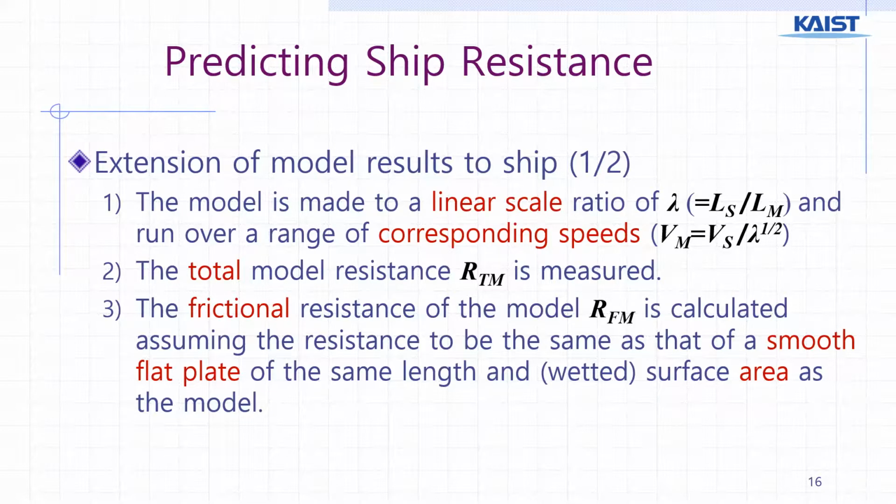So the model in this building is about, say, how long is it? 10 meters or less, so 8-something meters, or 10 meters. Then with 20 times the scale, the real ship can be 200 meters. Right? So the scale ratio of that kind of model test is 20.